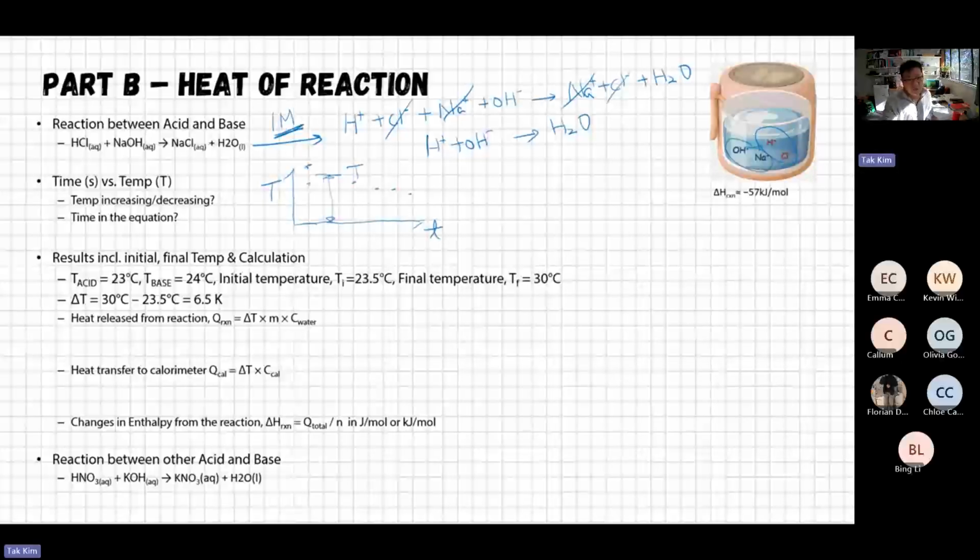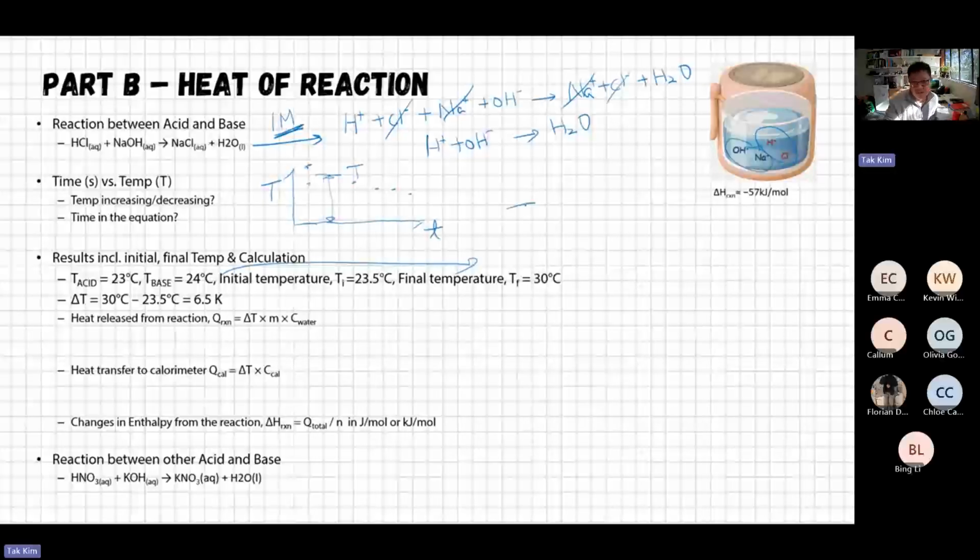So I made some numbers to show you what was happening. I'm sure you measured your acid and base temperature separately. If you're not too sure which temperature to go for, the best way is to average them: your initial temperature will be the average.